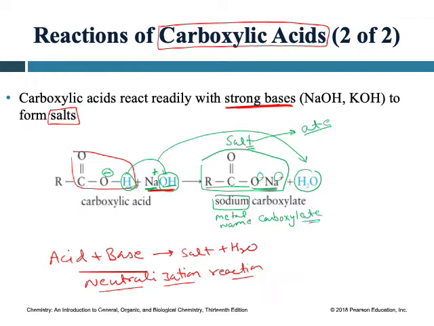So carboxylate. So the metal name is what? Sodium, and then the rest of the part is carboxylate, right? So make sure you know how to name any salt. So the metal name plus the ending word of the salt always ends with ATE, right? Okay, and then the base can be NaOH, KOH, right? Any strong bases. The reaction will be the same.